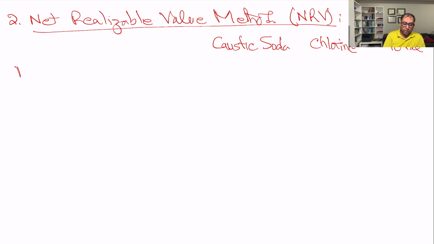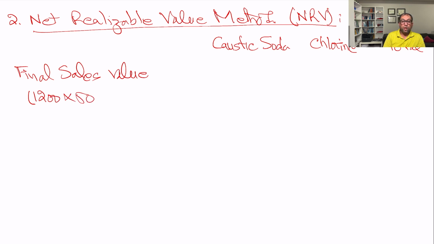So final sale value, not at a split off. In our first case, we have at split off final sales value, so we are able to multiply 1200 by 50 and 500 tons. This is not the case now, because we are dealing with net realizable value.